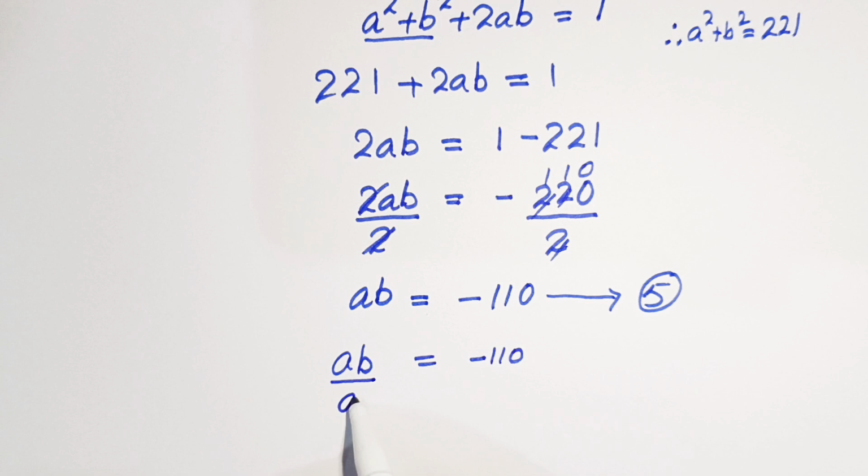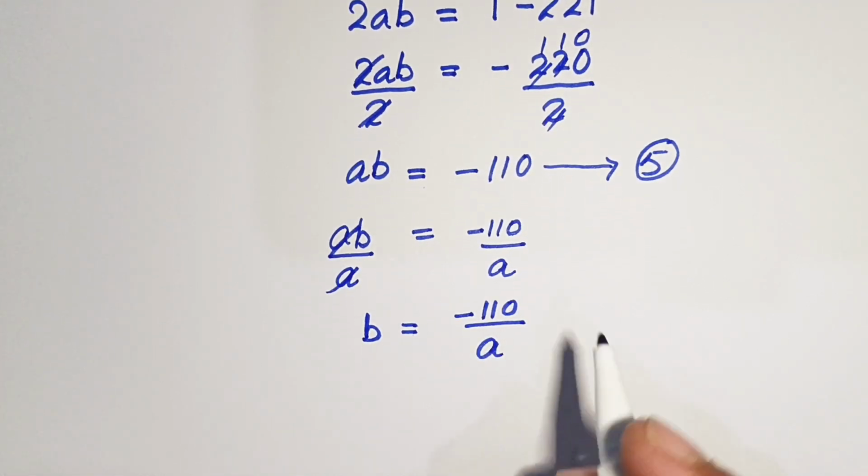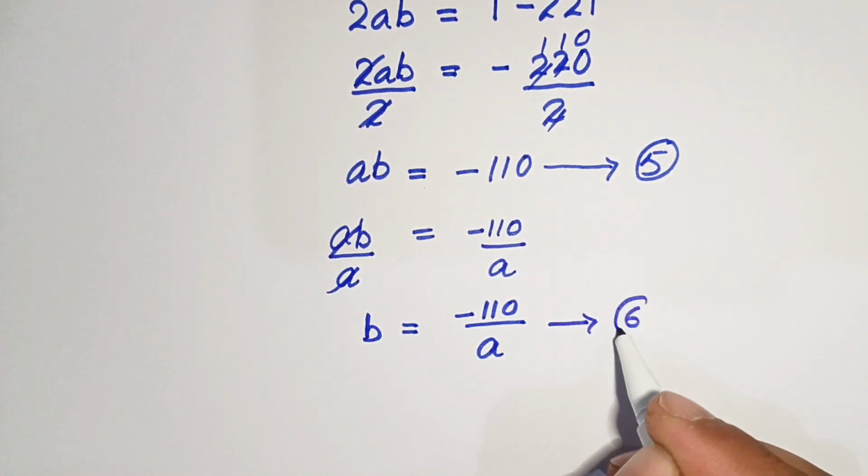Dividing both sides by a, we get b is equal to minus 110 over a. Let's say this is our equation 6.